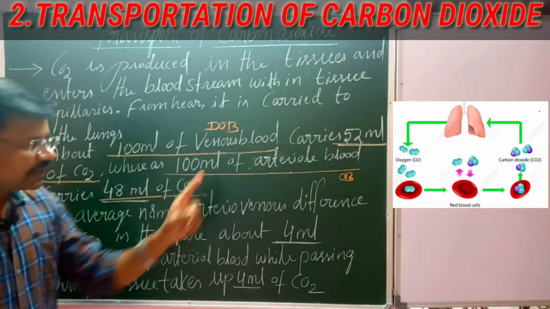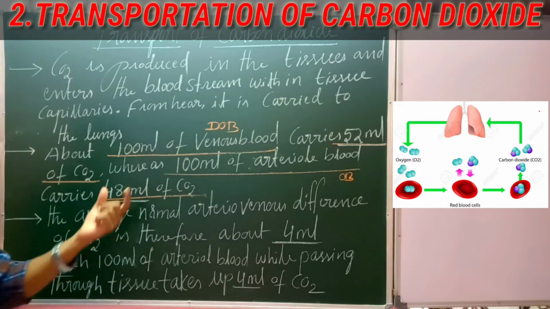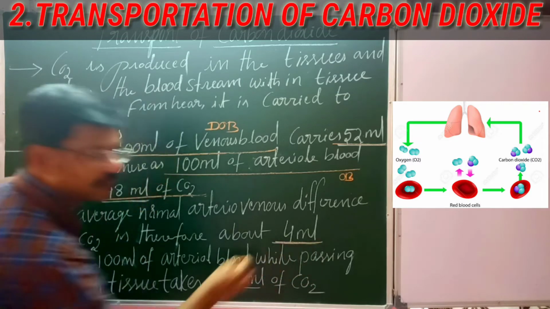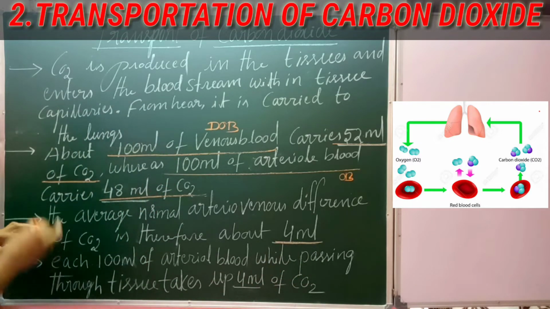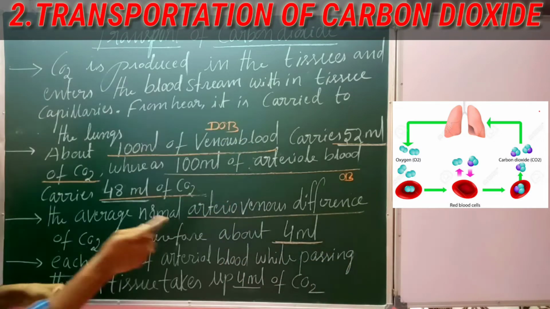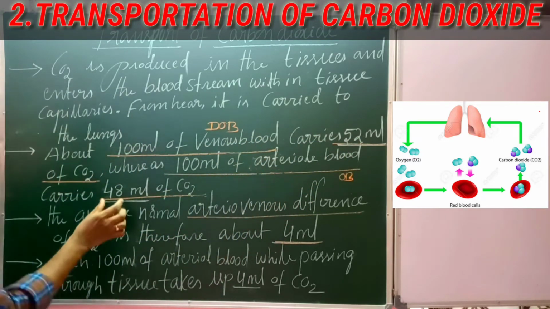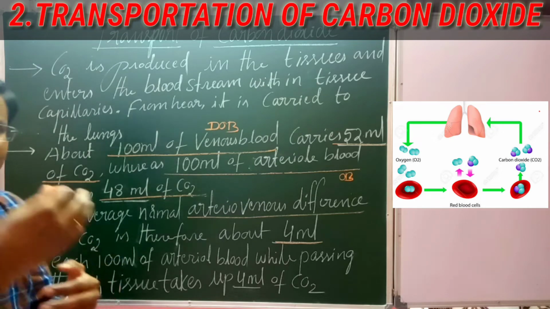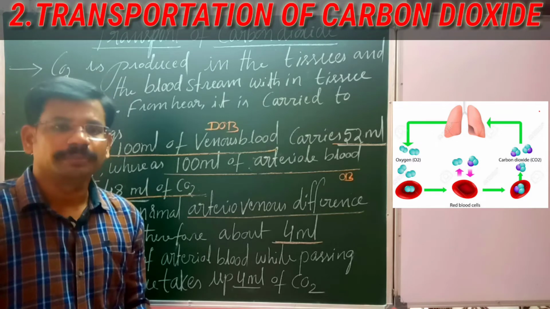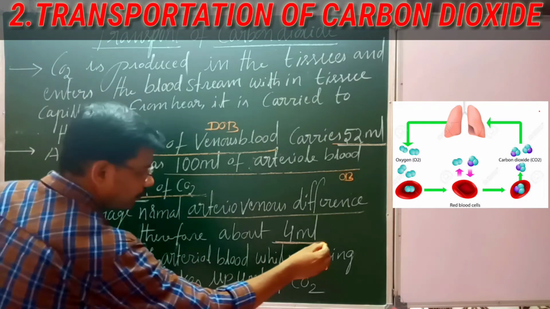So, if you find the difference between the venous blood carbon dioxide and the arterial blood carbon dioxide, the difference is 4 ml. That means the average normal arteriovenous difference is: the venous blood has 52 ml, the arterial blood carries 48 ml. So in each circulation, how much carbon dioxide is emitted from the body through the lungs? Only 4 ml.